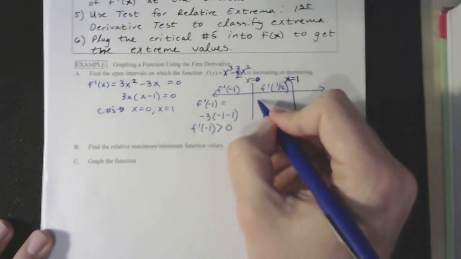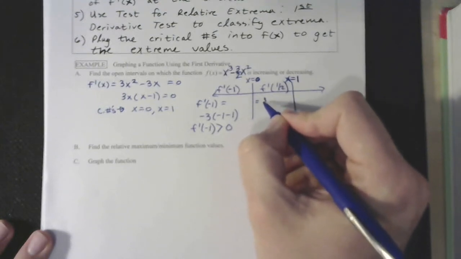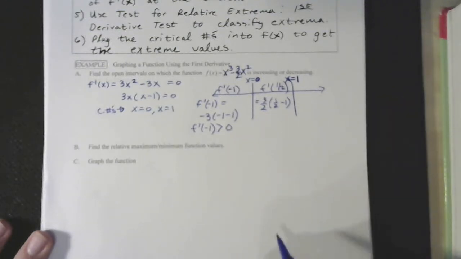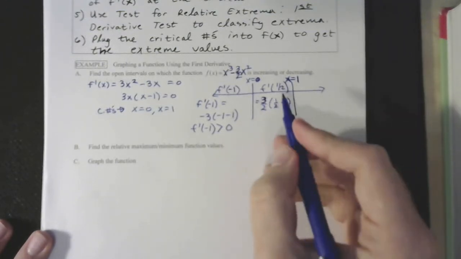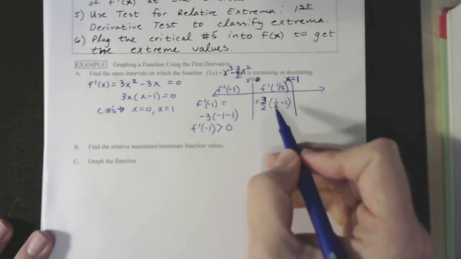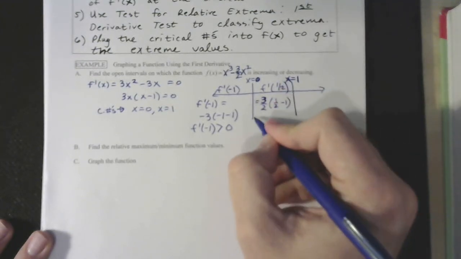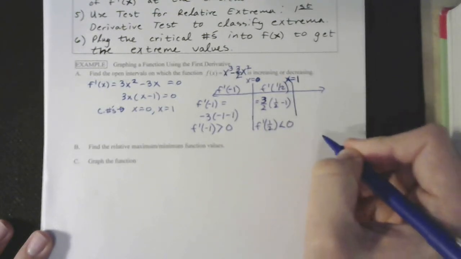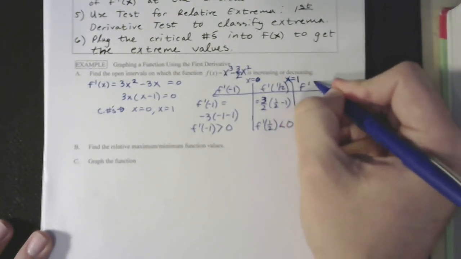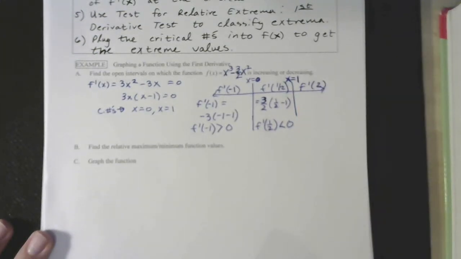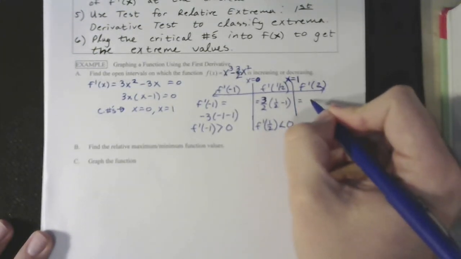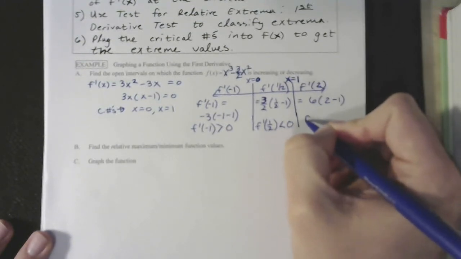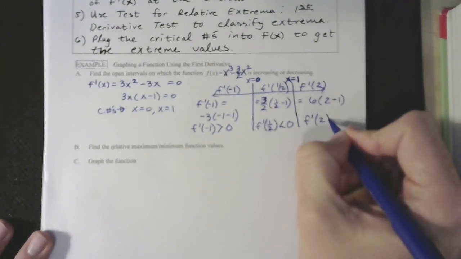So f prime of 1/2 is going to be 3/2 times 1/2 minus 1. And 1/2 minus 1 is going to be -1/2, so positive times a negative is going to make f prime of 1/2 negative. And over here we're going to test f prime of 2. So that's the next biggest one to the right of 1. So this is going to be 6 times 2 minus 1, which means that f prime of 2 is positive.